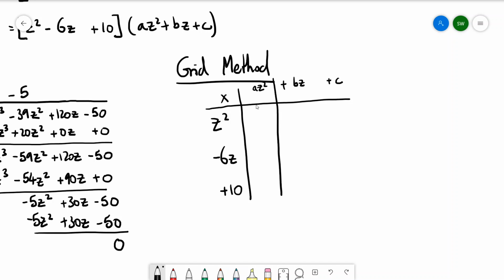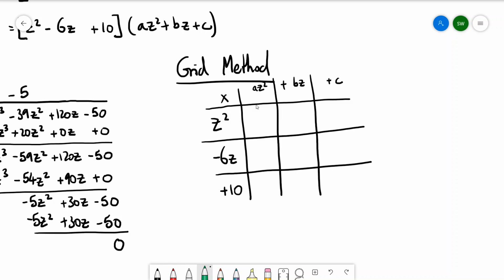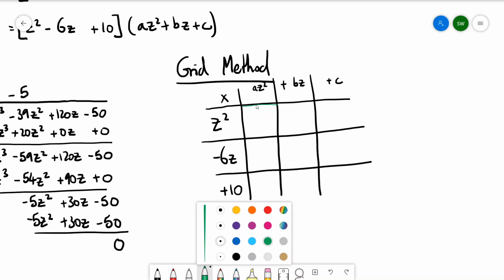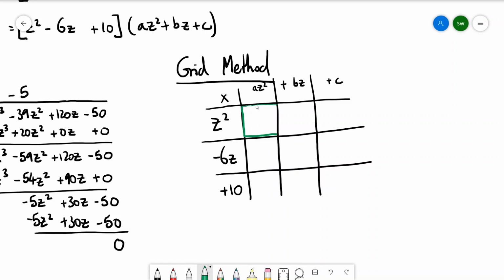And if we do that, inside the grid we want to end up with the quartic that we are looking for. So the thing to realise here is our z to the power 4 term is going to come from this box here. That's the only way of getting z to the power 4 when we do this grid method.